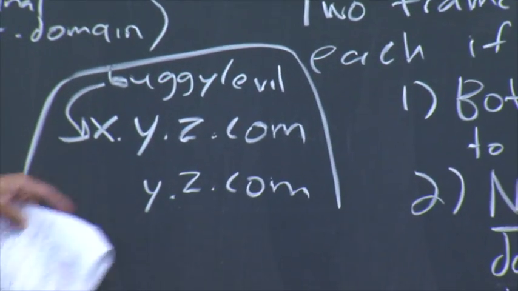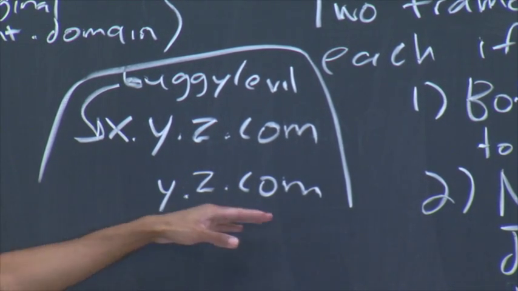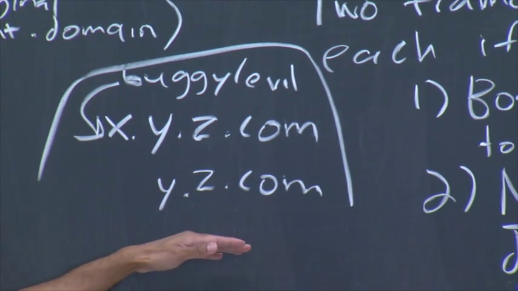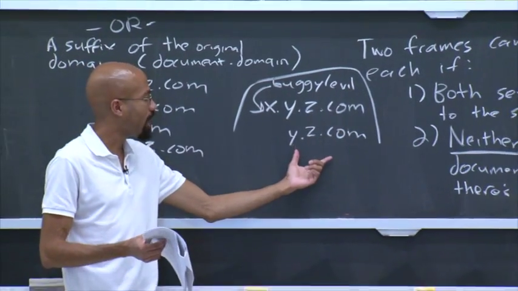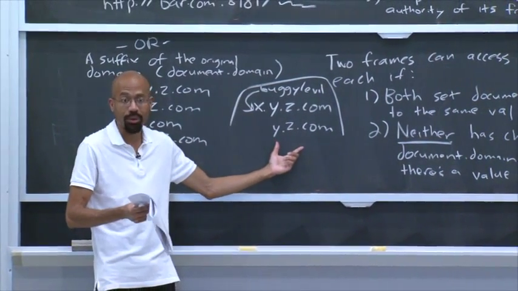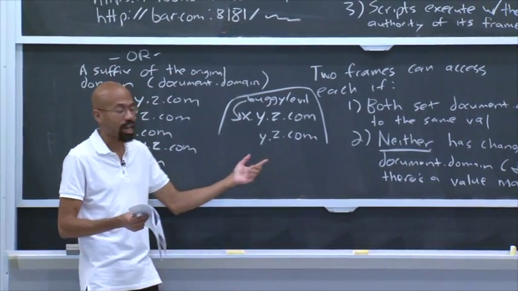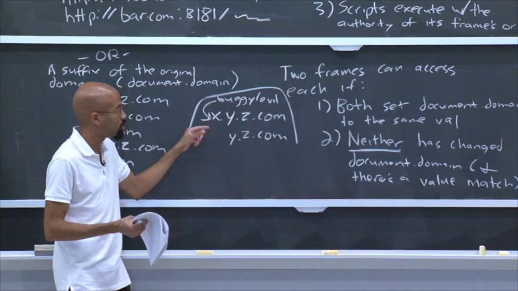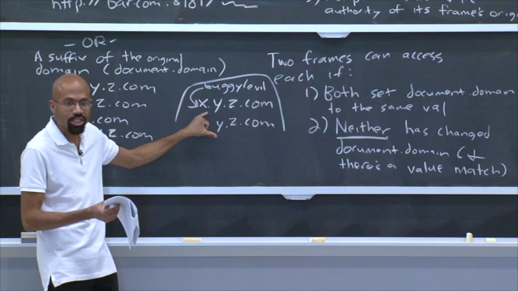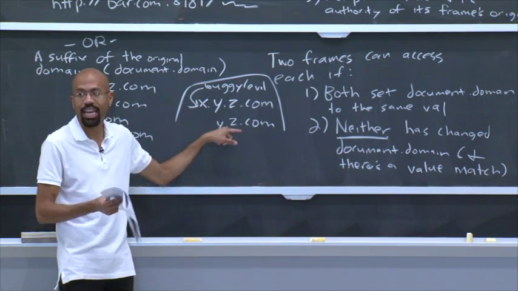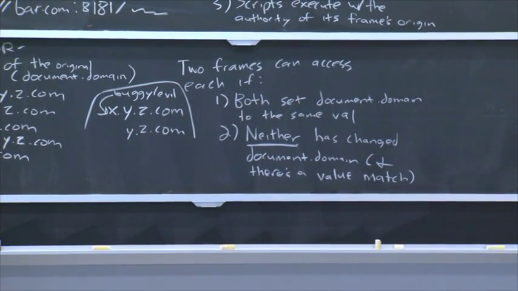What this guy could try to do is shorten his domain to be y.z.com and then start messing around with JavaScript state or cookies or stuff like that. And so what these two rules will say is that if y.z.com does not want to allow anyone to interact with it, it will never change its document.domain value. So when this frame up here does shorten it, the browser will say, aha, you've shortened it. There's a match here in terms of the values, but this person hasn't indicated that they want to opt into this type of chicanery. Does that make sense?